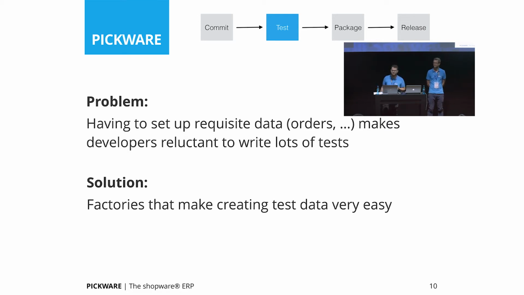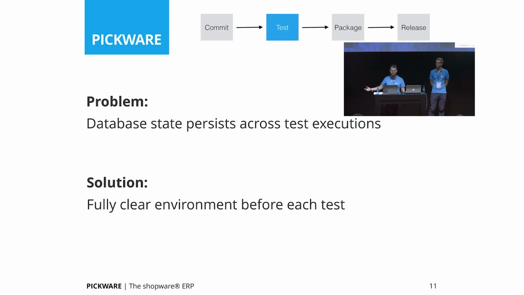So our solution for that is we have factories, which have methods you can call, which just prepare all the data you need, and then you can focus on writing tests that assert that the actual functionality is correct. But then you get the next problem, which is that once you've written all these orders to the database, they might still be there when the next test runs. This can be a problem, for example, when you have analytics modules, where you assert that a certain number of orders has been passed to make sure that the result is correct.